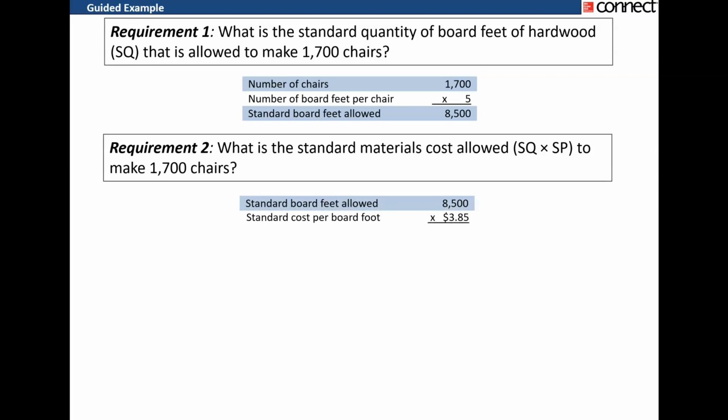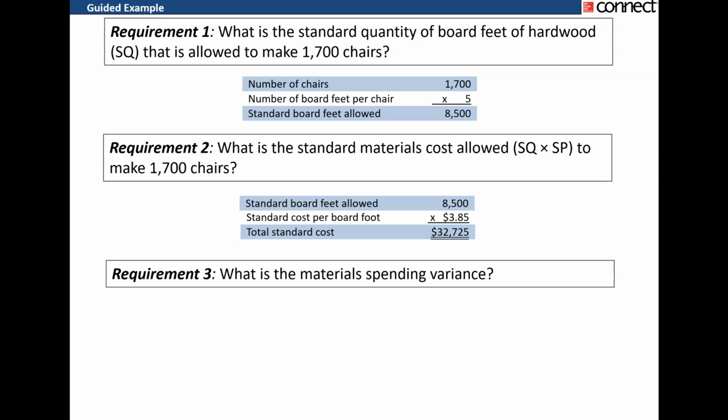The board cost $3.85 per board foot, which would have cost $32,725.